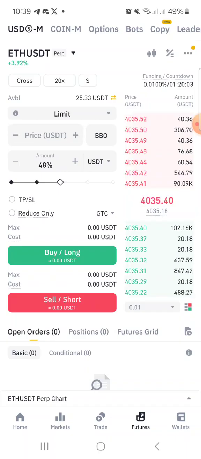The remaining money that I have will cross over into that money and be used to service the trade. That is the meaning of the cross.